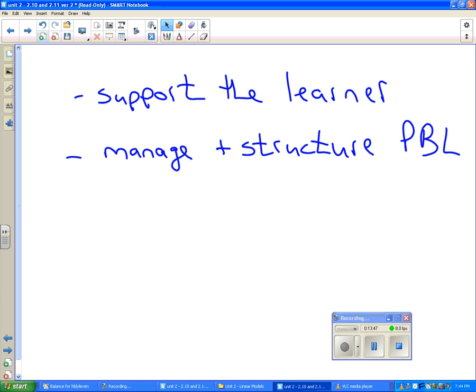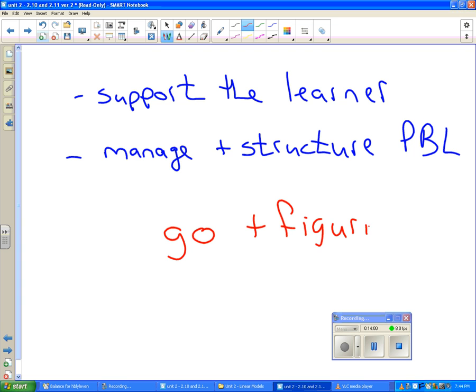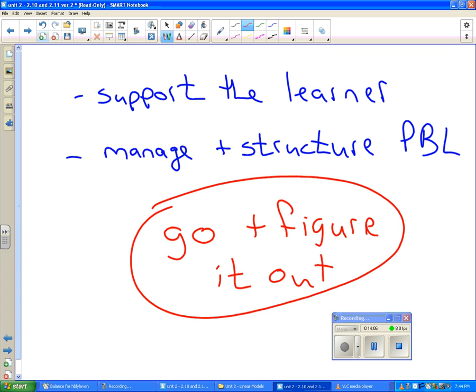One of the misconceptions about project-based learning is that students will just go figure it out. And that's a pretty big misconception. It's not true. The teacher needs to structure the learning.